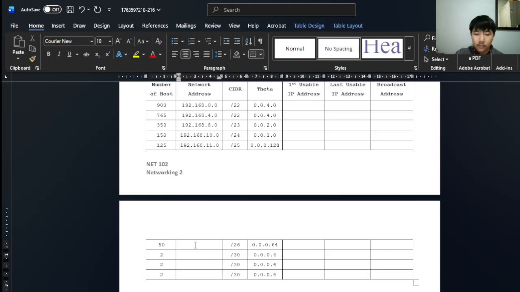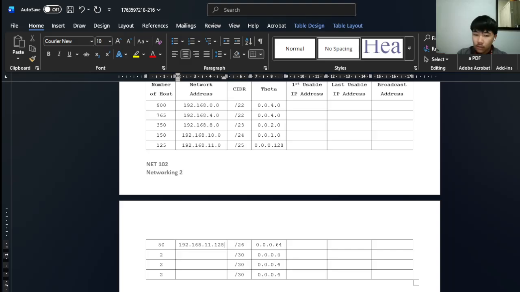The next one is 192.168.11.128. If you are wondering where the 128 comes from, it is because of the theta of the 125 hosts, which we just add to the last value.